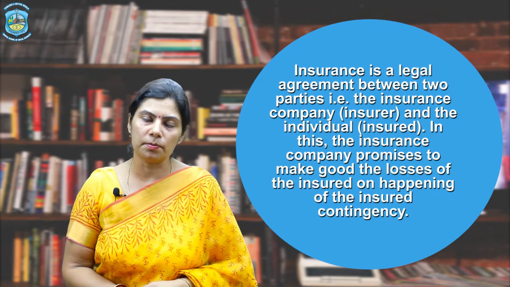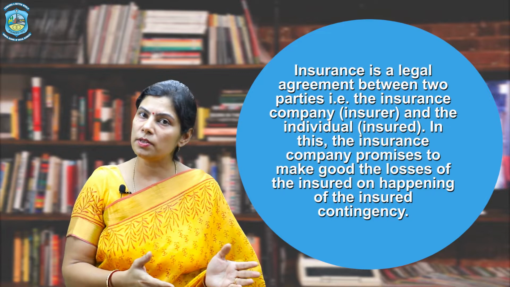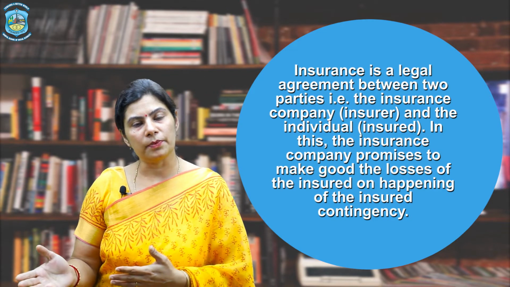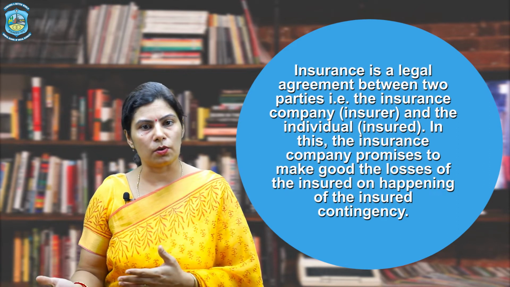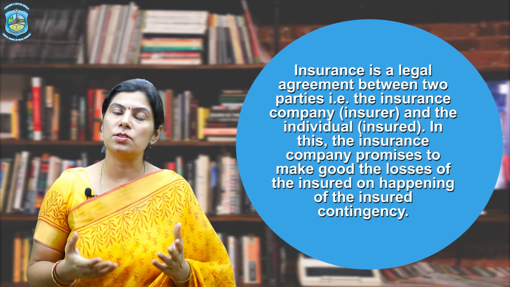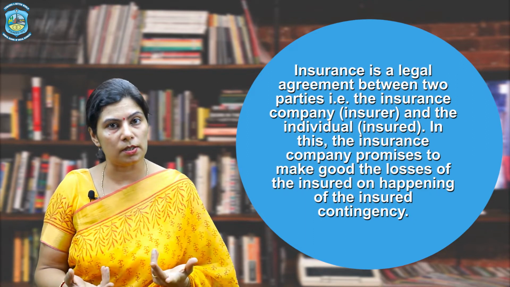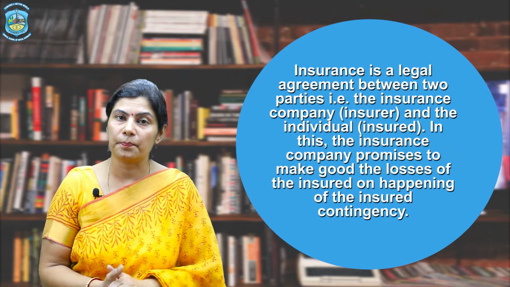Insurance is a legal agreement between 2 parties. Insurance company on one hand, who is giving the insurance, and insured, that is the person who is taking the insurance. Insurance company is ready to make good the loss of the insured in case of any contingency. Now, what is a contingency? The contingency is an event which causes a loss.